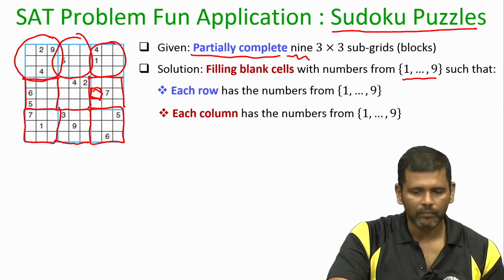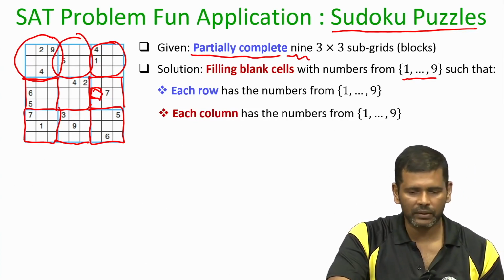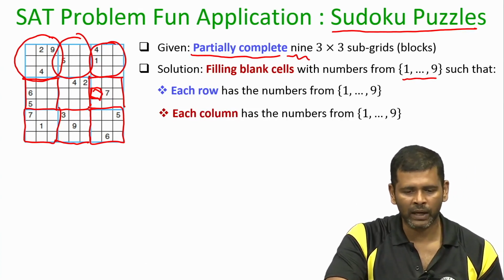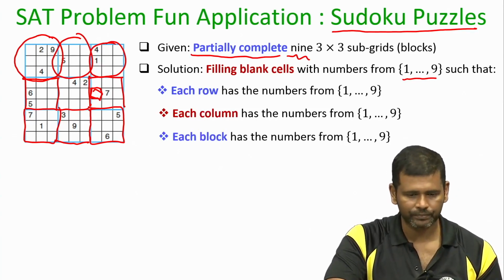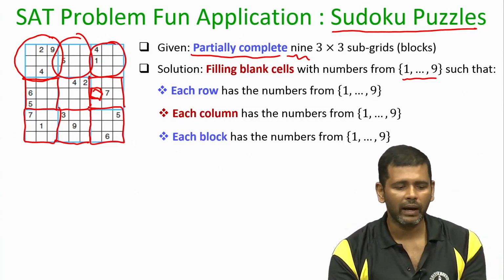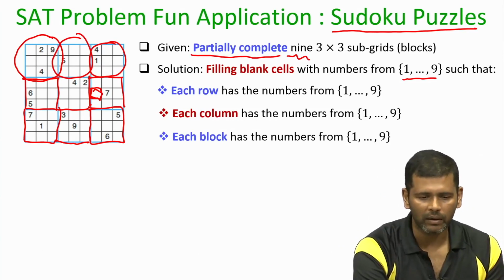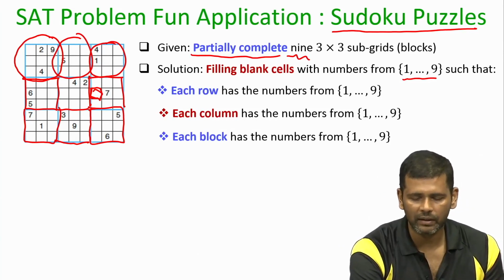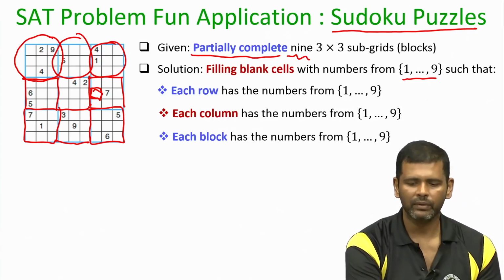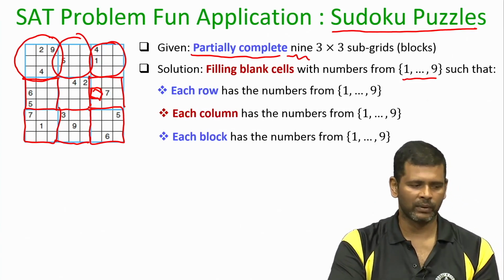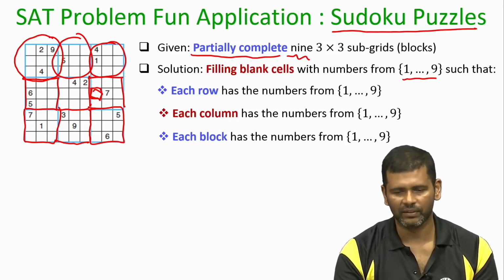Each column should have each of the numbers 1 to 9 exactly once, and each block, namely each 3 cross 3 subgrid, should have all the numbers 1 to 9, of course exactly once.